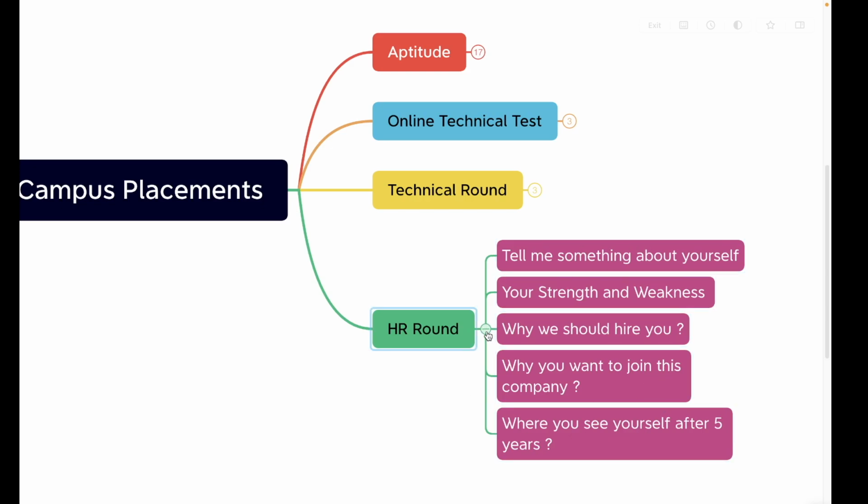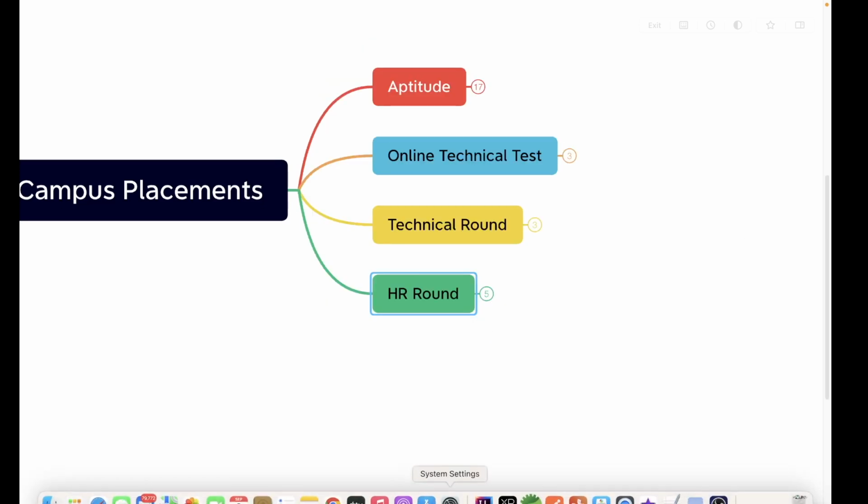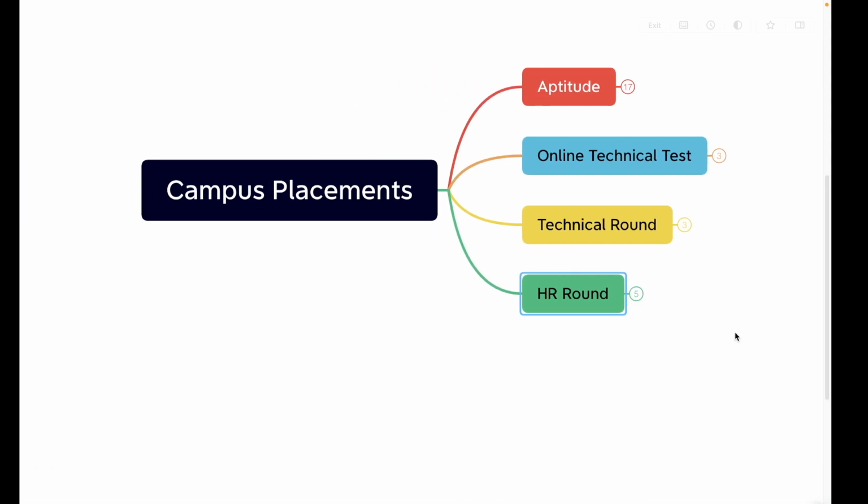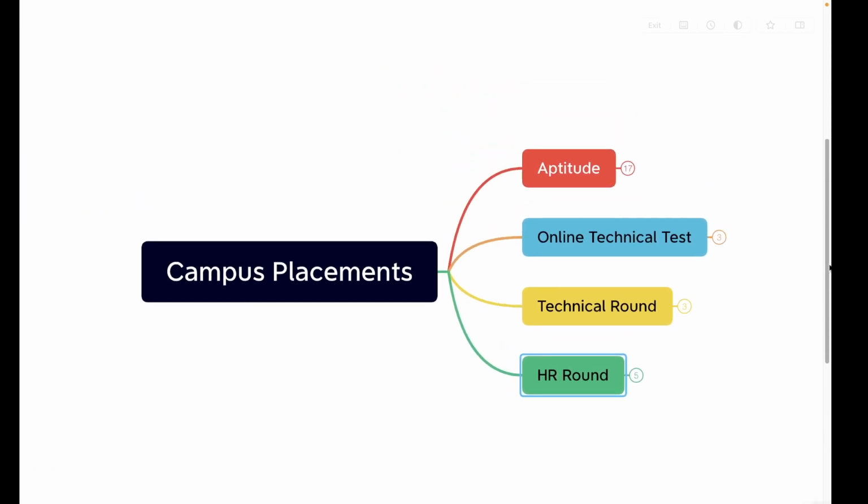Now you will be able to start your campus placement journey. Very first you have to prepare the aptitude skills. After that, the online technical test. For that you should have enough knowledge of at least one programming language, then basics of DBMS and data structures, and after that you have the technical round, and once you crack it, then you can go for the HR round.